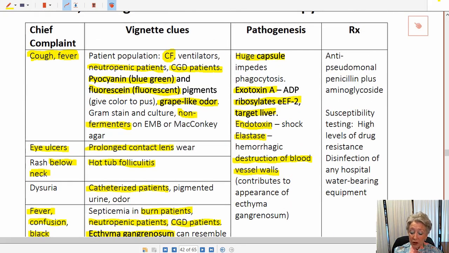Remember, this is one of the most drug resistant of any of the bacteria we will talk about. So although you will start with an anti-pseudomonal penicillin and an aminoglycoside, it is very, very common for you to have to switch over midstream once you get the susceptibility testing results back.